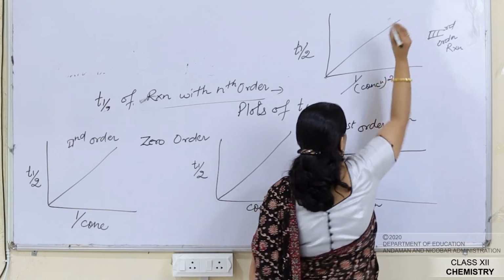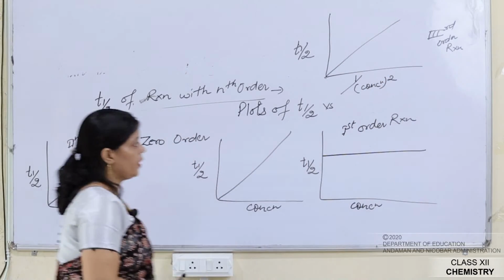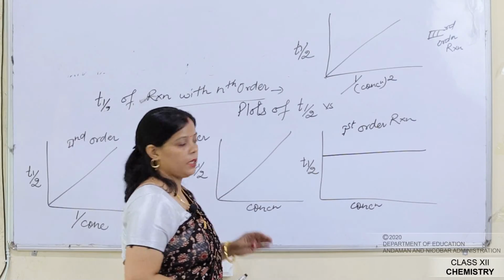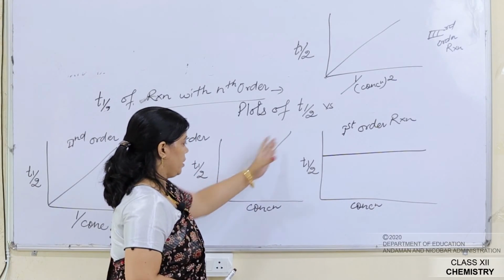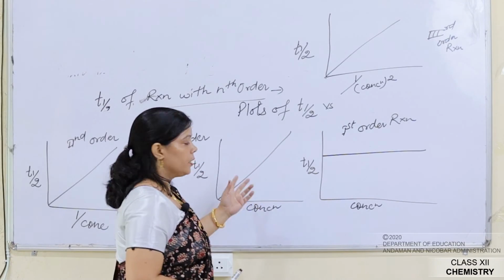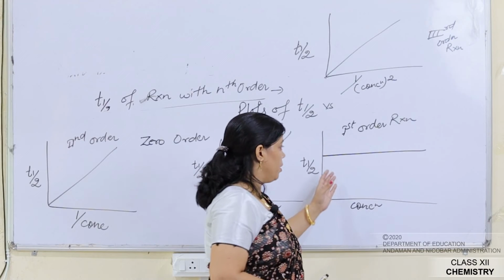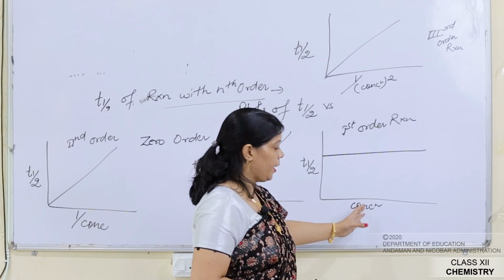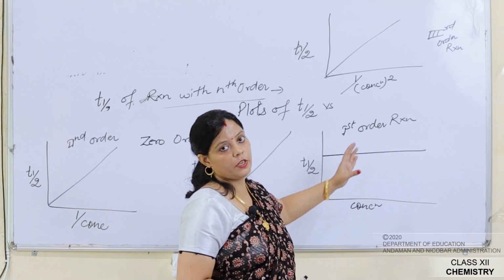Okay, and we get a straight line. So in this way, with the help of plot, we can easily recognize the order of the reaction. When the plot is a straight line between T half versus concentration, then this is a zero order reaction. When the line is obtained like this, showing the T half is independent of the concentration of the reactant, this is for the first order reaction.